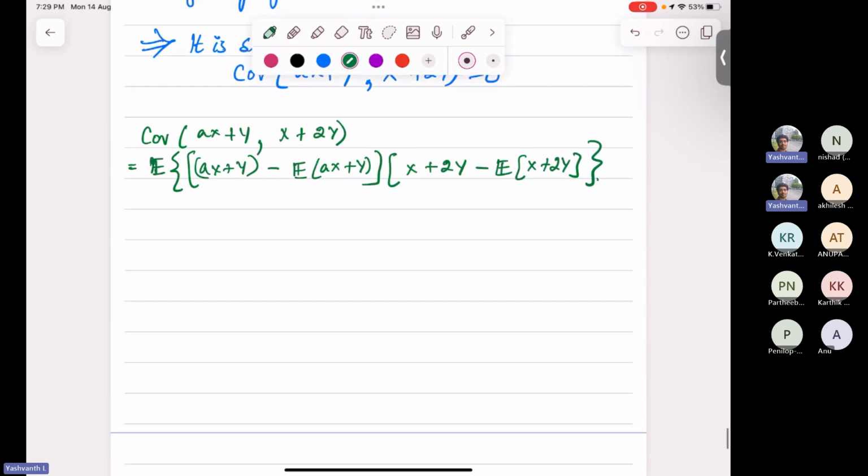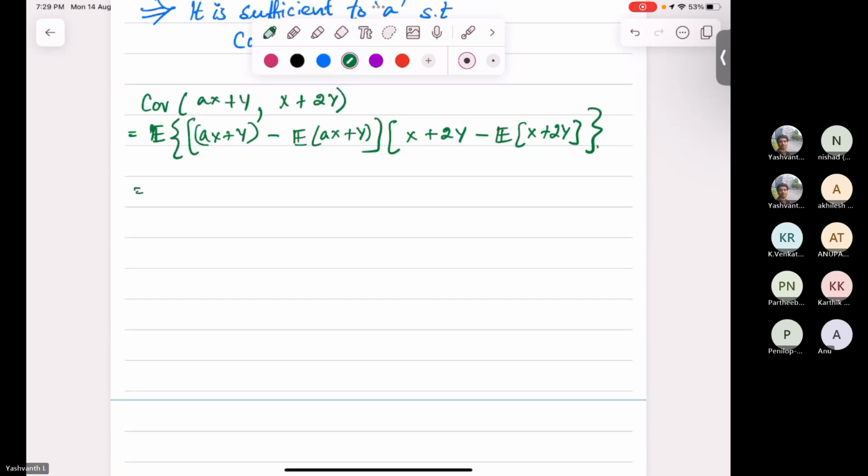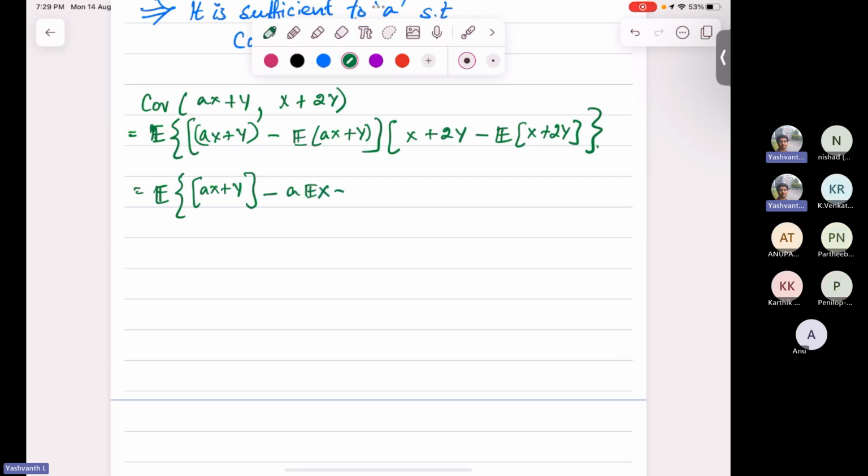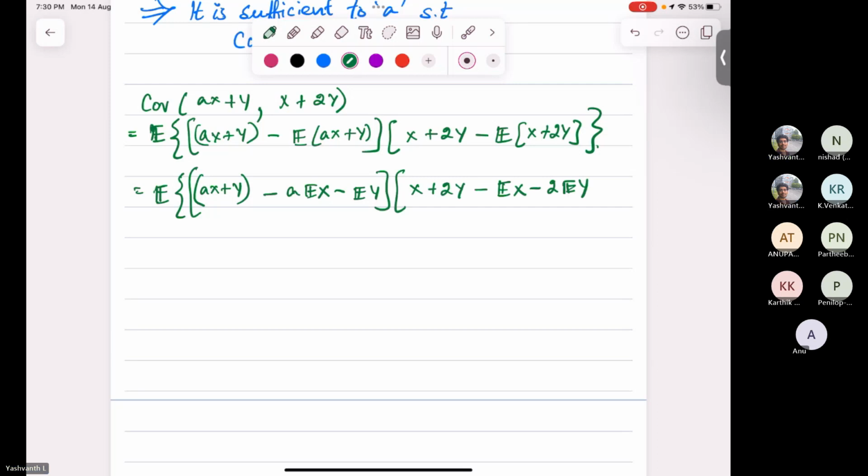This is the same as the expectation of ax plus y minus a times the expectation of x minus the expectation of y, times x plus 2y minus the expectation of x minus 2 times the expectation of y.